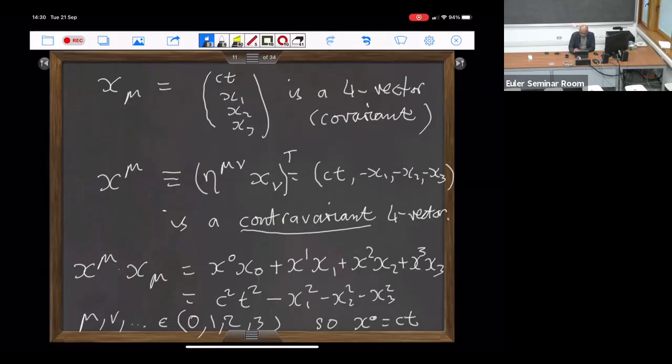The vector with the raised index will have entries which are the same as the entries of x lower mu, except there will be minus signs where the minus signs of eta are. And in our conventions, we're using the mostly minus convention for eta.